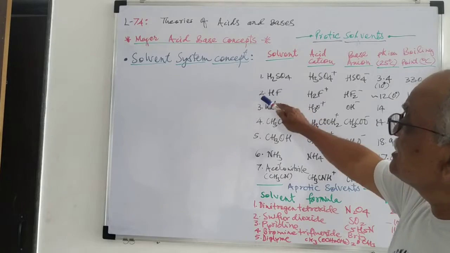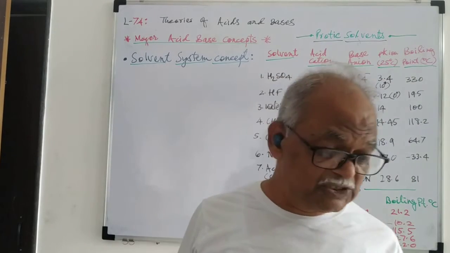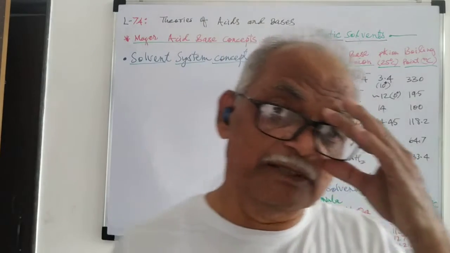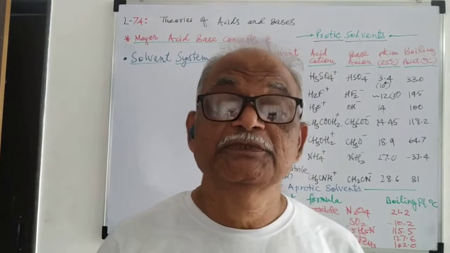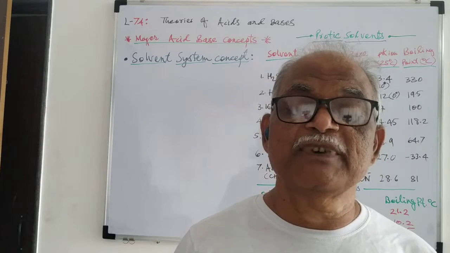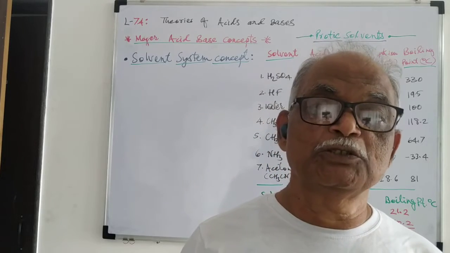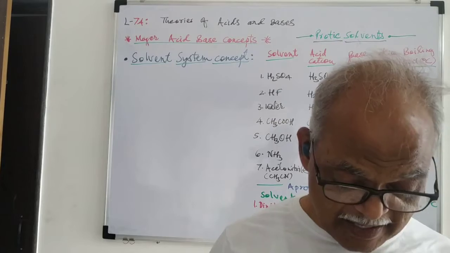So we will see first what is meant by solvent system. The solvent system is the solvent which undergoes auto-dissociation or self-ionization, as a result of which it produces a cation and anion.